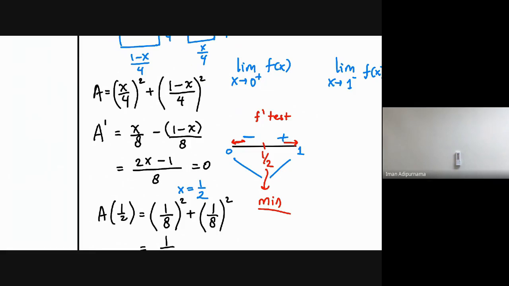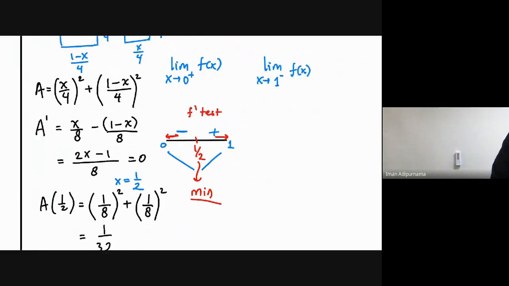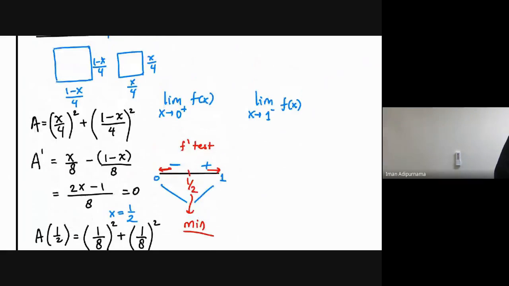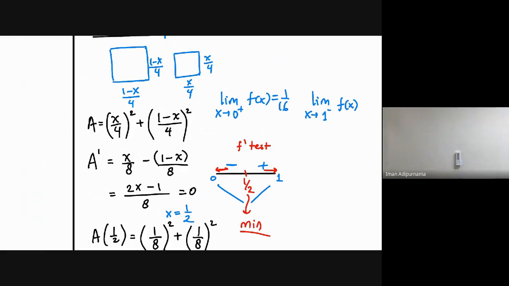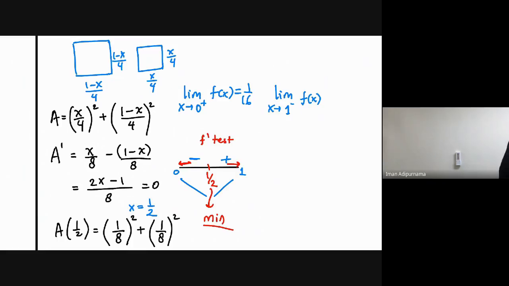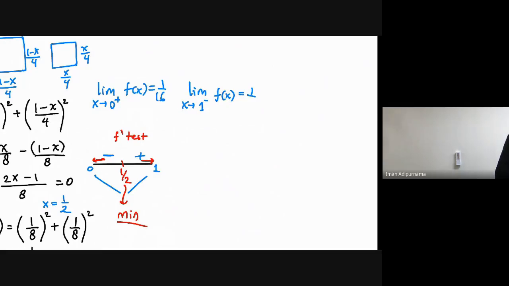So to make this logical, this is the limit, okay? So this becomes 1 over 16. And the other part, we have x equal 1. This becomes 0, this becomes 1 over 16. So the largest maximum is actually this 1 over 16.